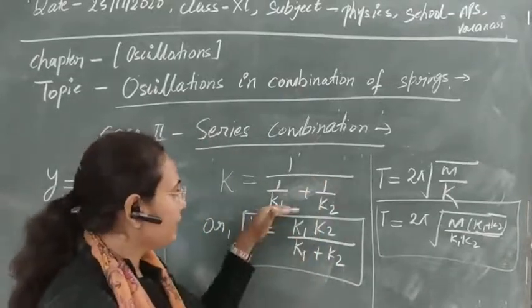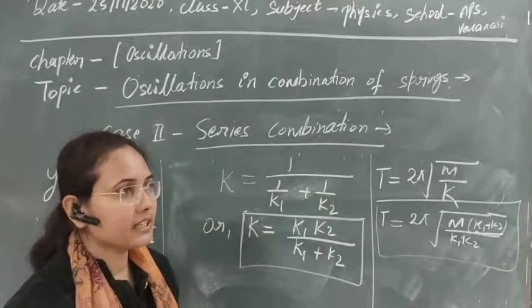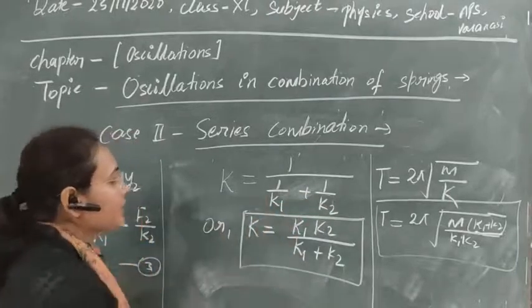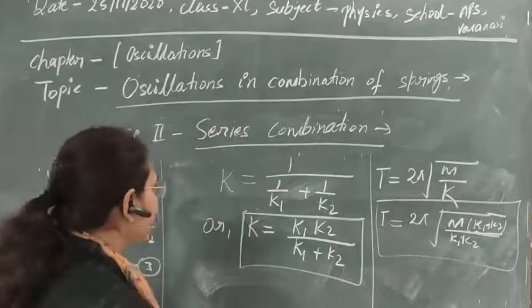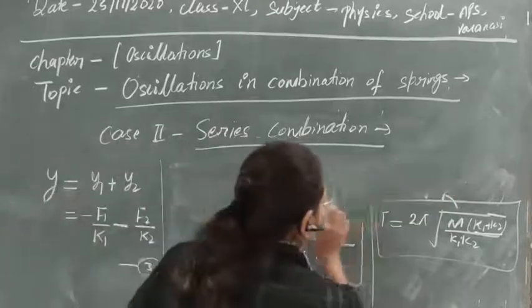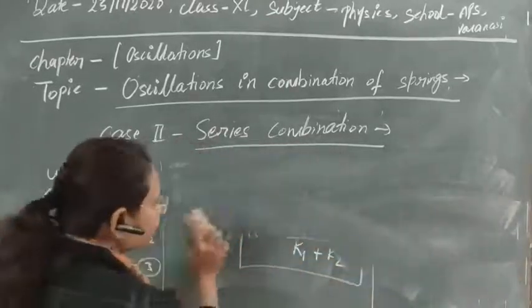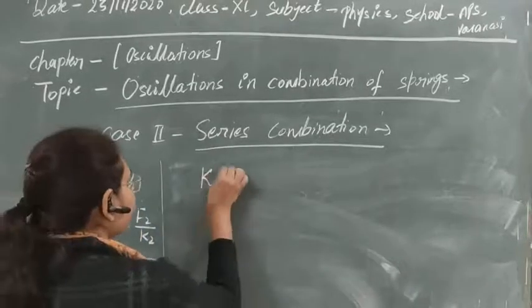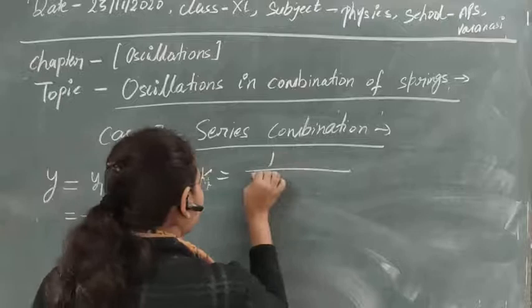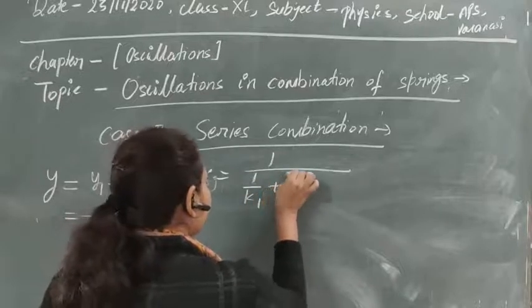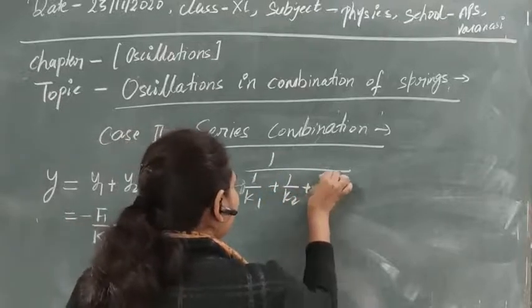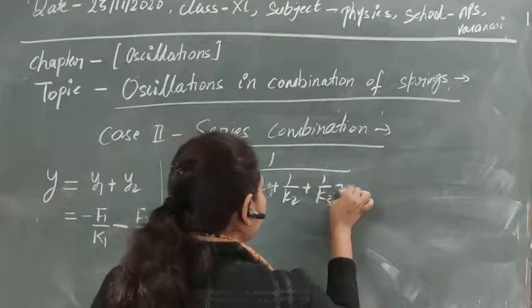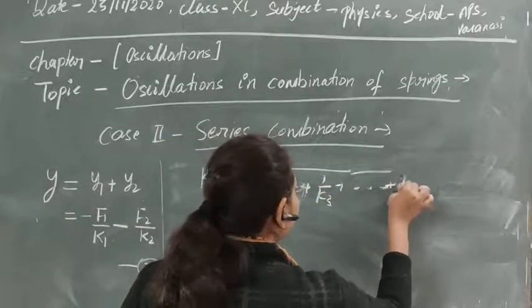You can understand this very easily, and we can calculate it for combinations too. Suppose we are joining n springs in series. For two springs we have seen that 1 upon K is equal to 1 upon K1 plus 1 upon K2. If there are n springs, we just extend it.